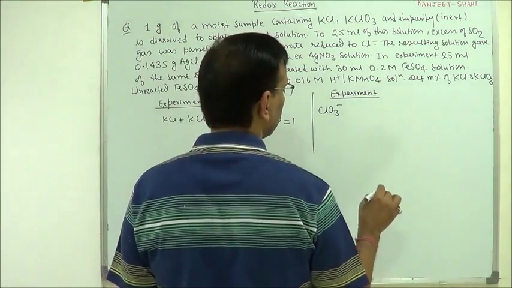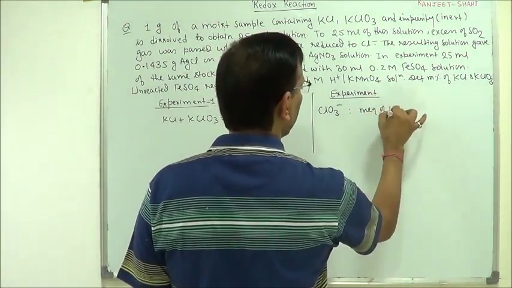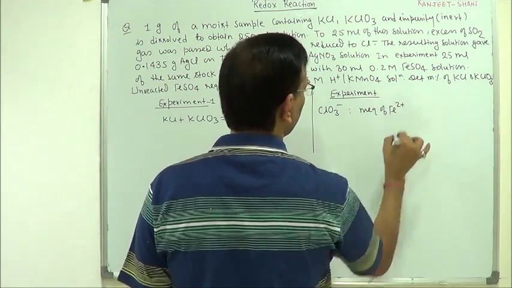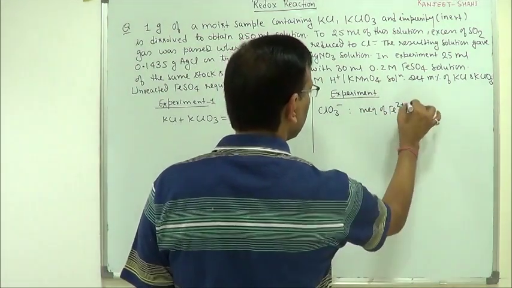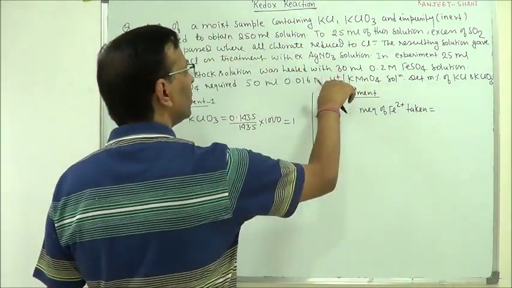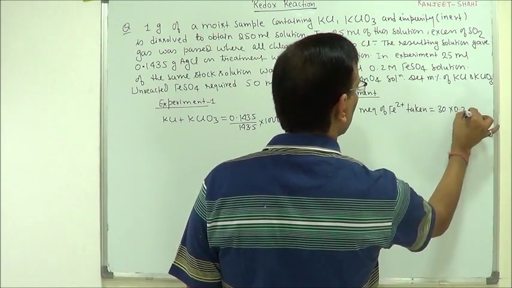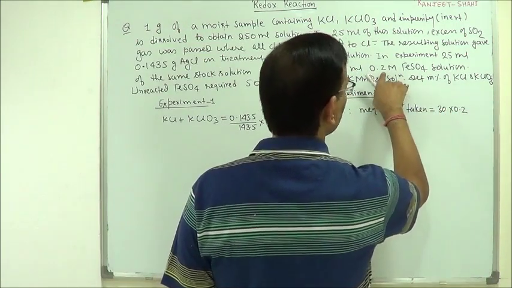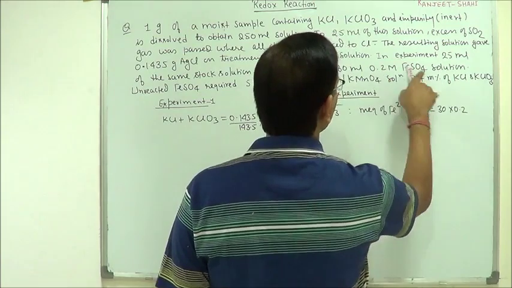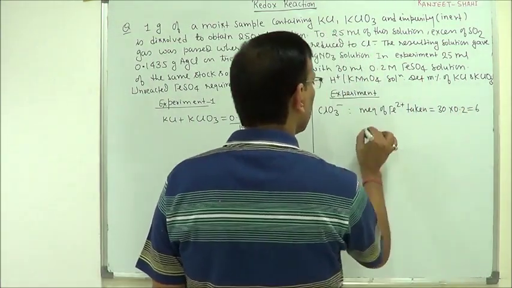But milliequivalent of ferrous sulfate taken initially is equal to 30 into 0.2 for ferrous sulfate. Molarity is also normality since n factor is 1, so it is 6.